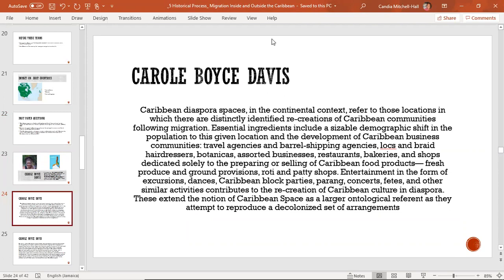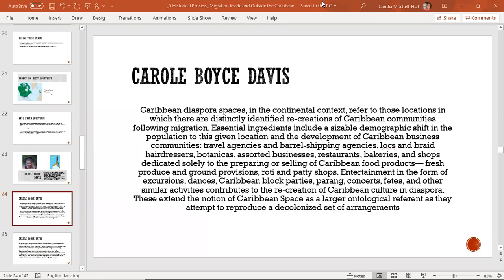I'll read, sir. Go ahead. Carole Boyce Davies: Caribbean diaspora spaces, in the continental context, refer to those locations in which there are distinctly identified recreations of Caribbean communities following migration.